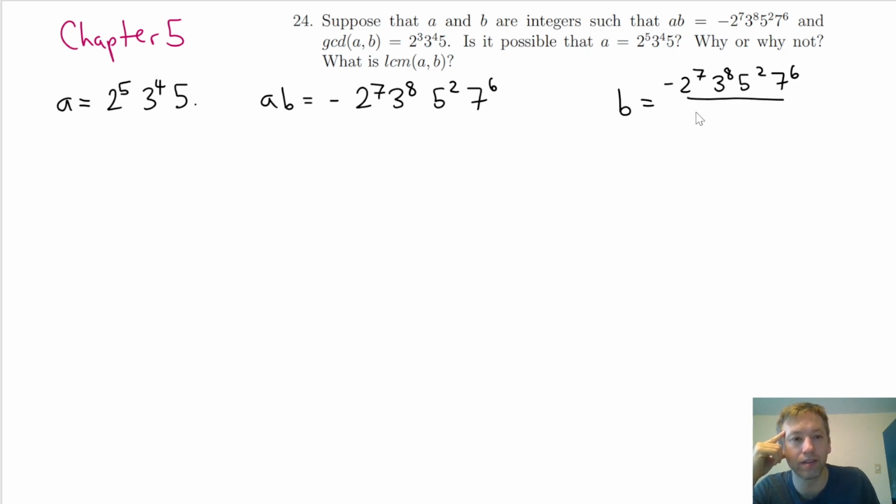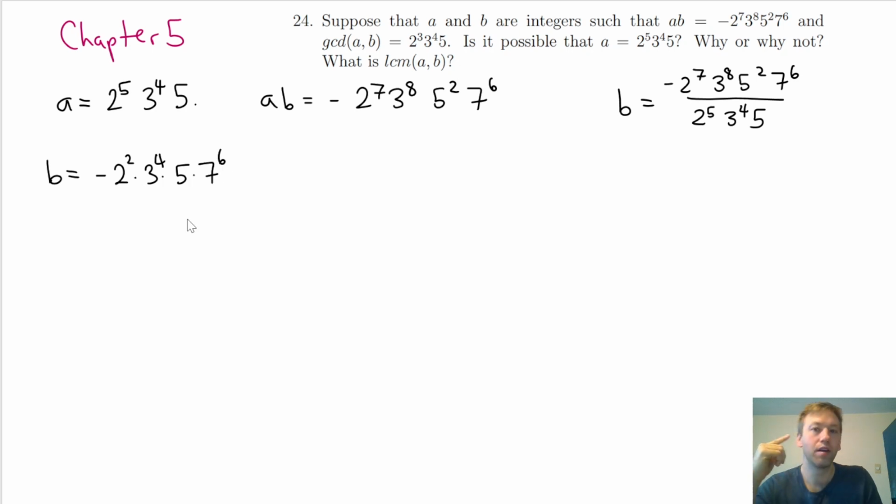We know what a is. It's just 2 to the 5, 3 to the 4 times 5. So b is, by canceling some exponents, negative 2 squared, 3 to the 4 times 5 times 7 to the 6. Okay, and now if we think about it, the answer is no.